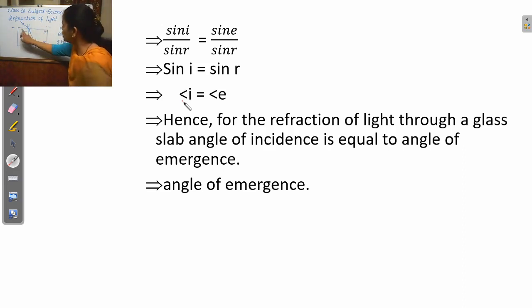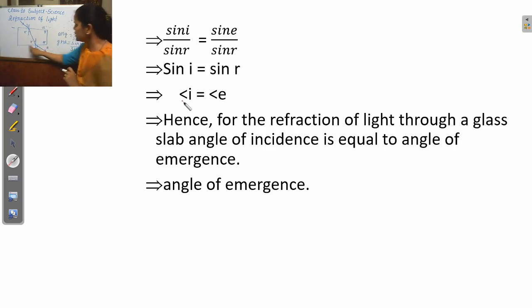Because for the first surface, the angle of incidence is I and the angle of refraction is R. According to Snell's law, the refractive index of air to glass medium is equal to sin I upon sin R. So I write sin I upon sin R, equation number 1.